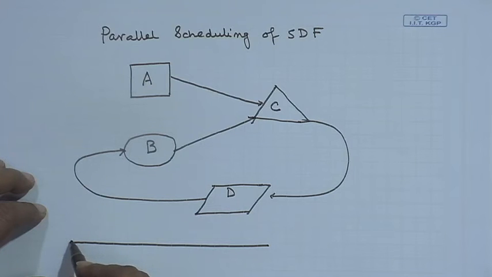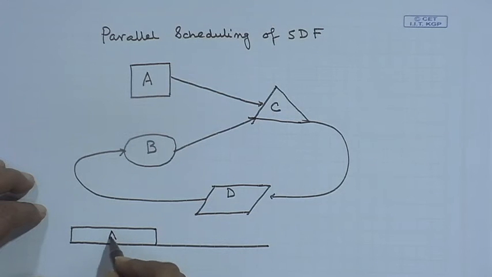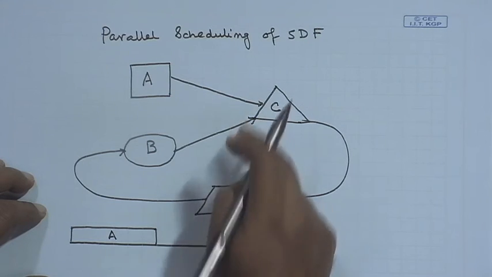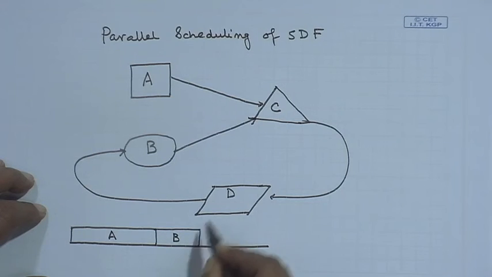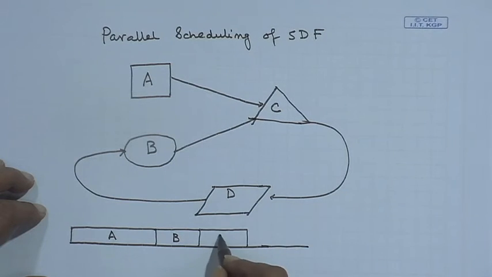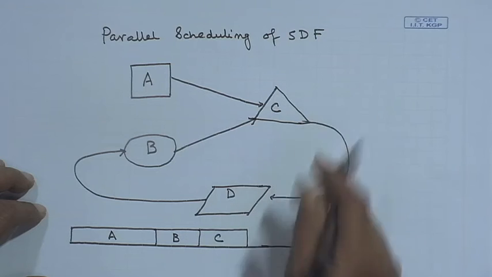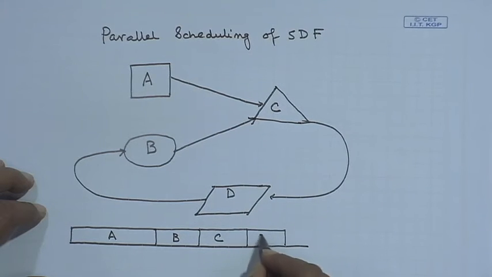So, I can schedule A, then I can schedule B, then I can schedule C, and obviously D can be scheduled after C. So, maybe D. That is a sequential schedule. This is an absolutely sequential schedule.